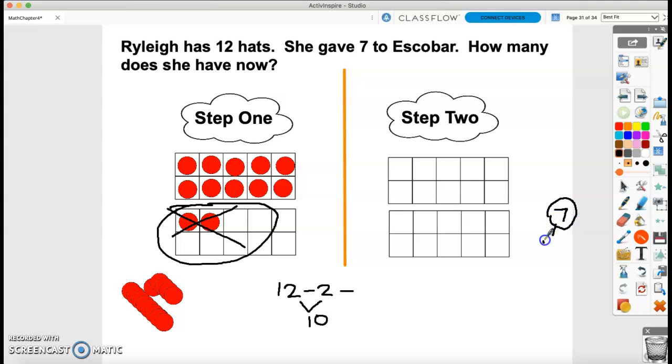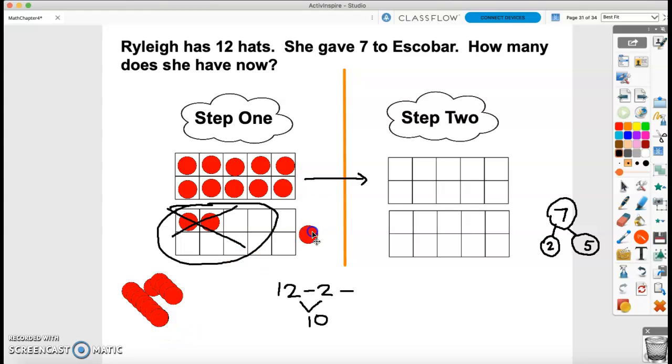We've already subtracted 2, so now we need to know how many more we need to subtract. If you said 5, awesome job, because 2 and 5 is 7. But let's go ahead and look at that. So remember, our 10 frame, we just have 1 now. And we're going to transfer that over to step 2.